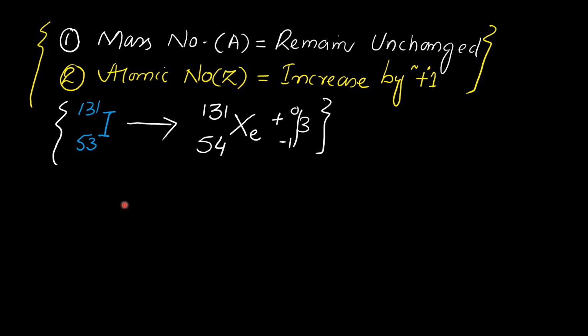Now consider another example of beta decay in which we need to find the parent element which is converted into daughter nuclei of cobalt 27, 52 plus a beta particle.